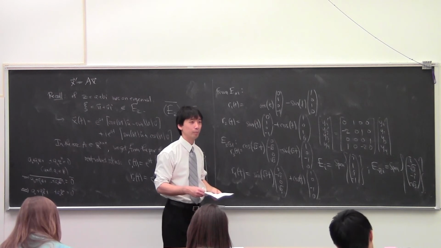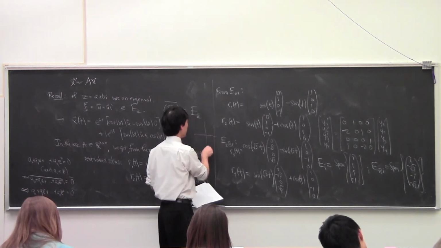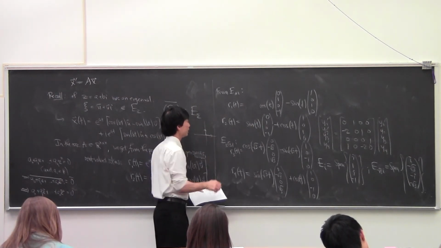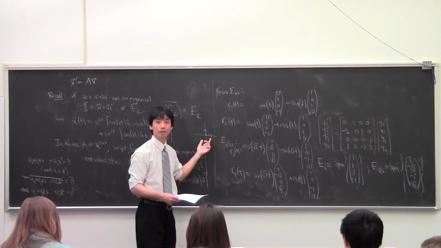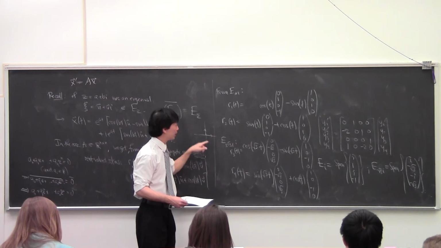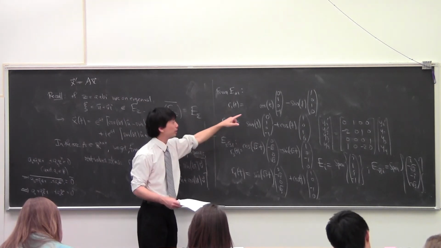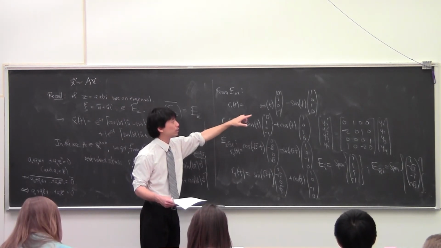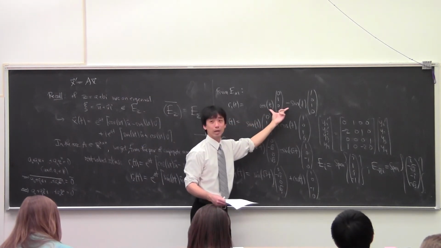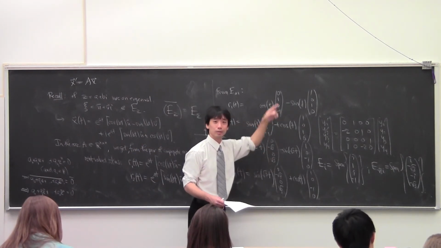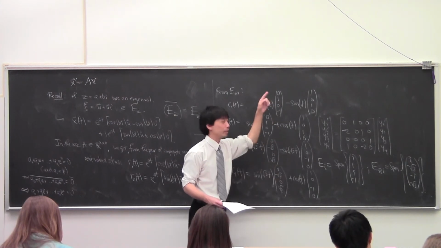Well, think about what would happen in R2. If you had perpendicular vectors and you hit one with the cosine and the other with the sine, it's going to be spinning around. It'll be a circle. And in 4-dimensional space, it'll be the same thing. These two will determine some plane, and these things will just be spinning around in a cycle.